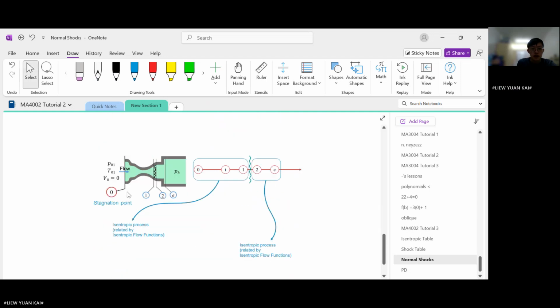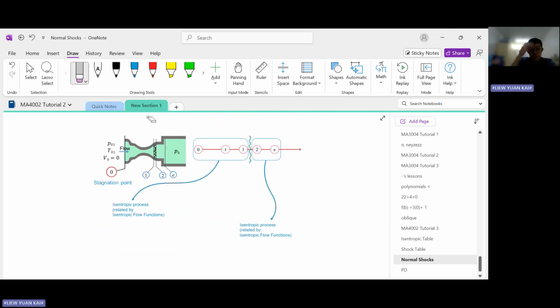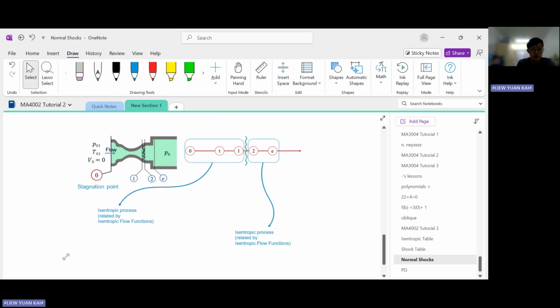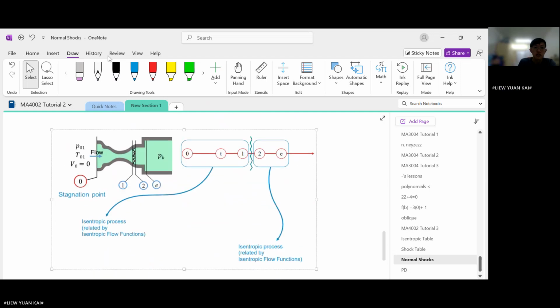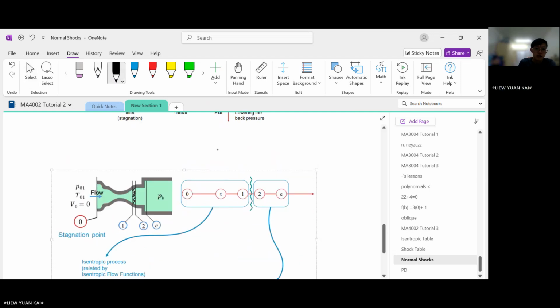Now, what about this diagram? This diagram is important because it teaches you which set of tables to use for which part of the flow. Here we have a converging diverging nozzle, which has a shock over here.